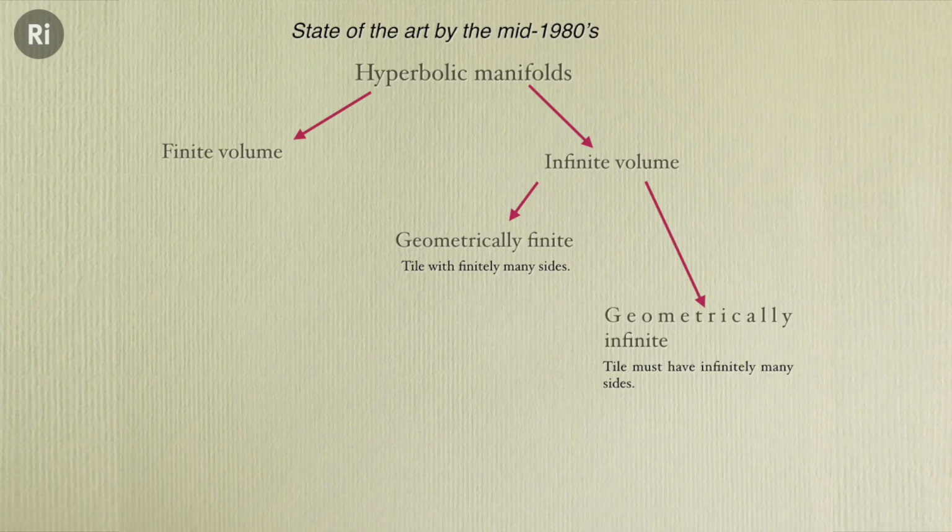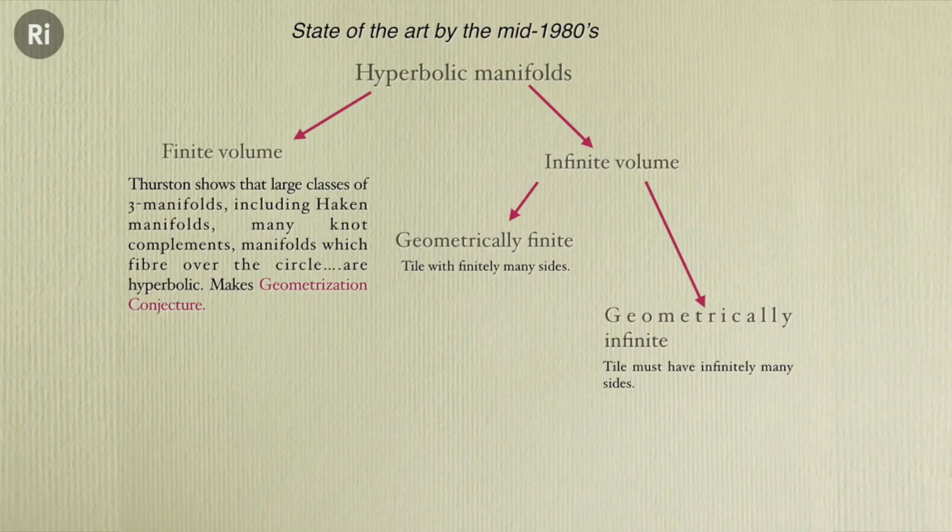By the time Thurston had been working with a large group of students who were attracted to work with him, what had happened in finite volume closed manifolds was an enormous amount. From being a few isolated examples with a good theorem, Mostow rigidity, it became a huge, big area.